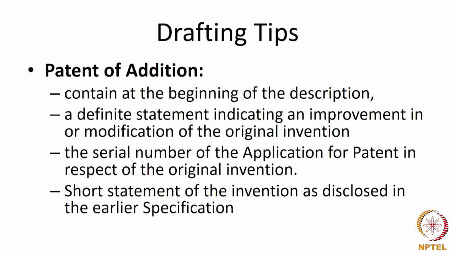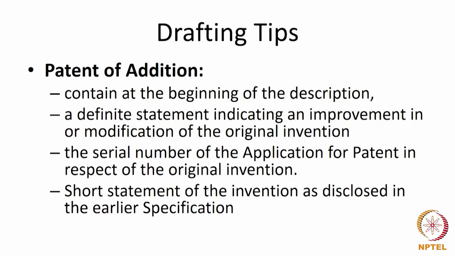The serial number of the application for patent in respect of the original invention, the number of the earlier application, has to be mentioned. A short statement of the invention as disclosed in the earlier specification. So, a patent of addition is always preceded by an earlier patent, either an earlier granted patent or an earlier patent application.